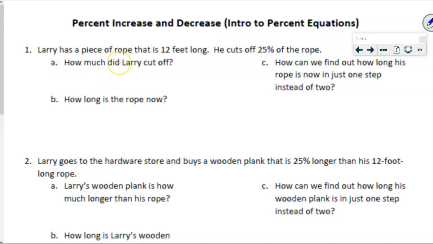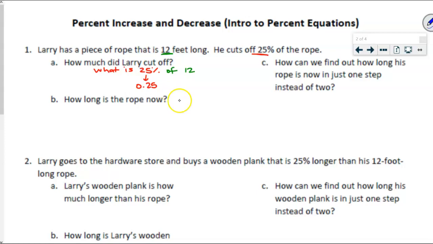How much did Larry cut off? Stephen? Great. What this question is really asking is, what is 25% of the original amount, which is 12? 25% is 0.25.